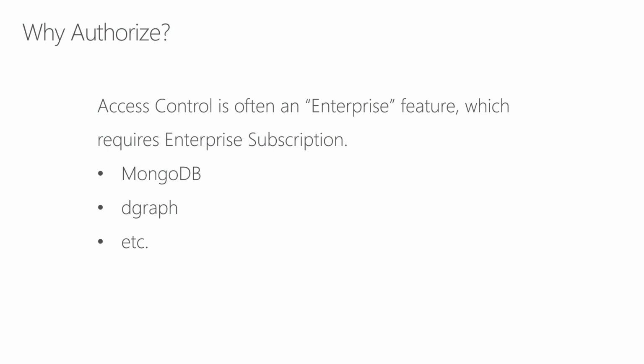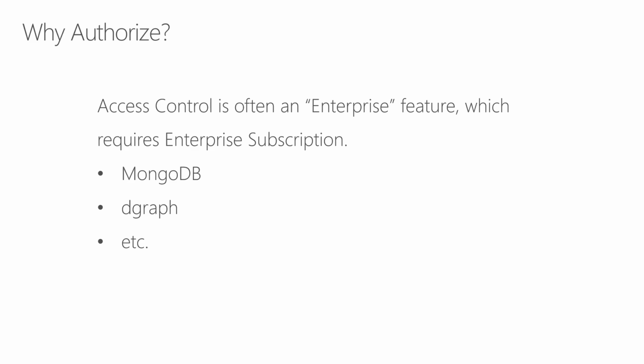So why authorize? A lot of times when you deal with modern databases, whether it's MongoDB, dgraph, or any other database, ACLs, access controls to the web interface API, is an enterprise feature, so it requires an enterprise subscription and you have to pay money. Sometimes, though, you're doing that for your hobbyist project, maybe a home lab, and you actually want the protection.